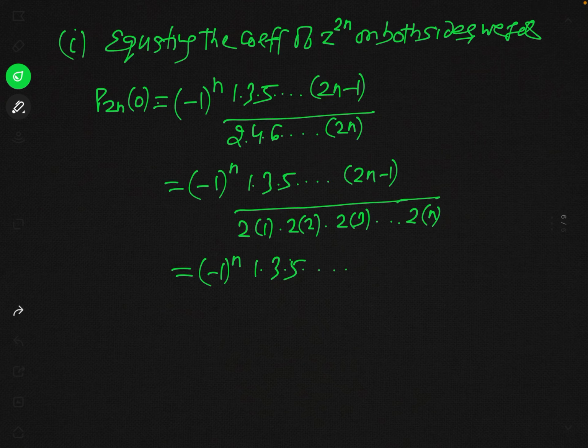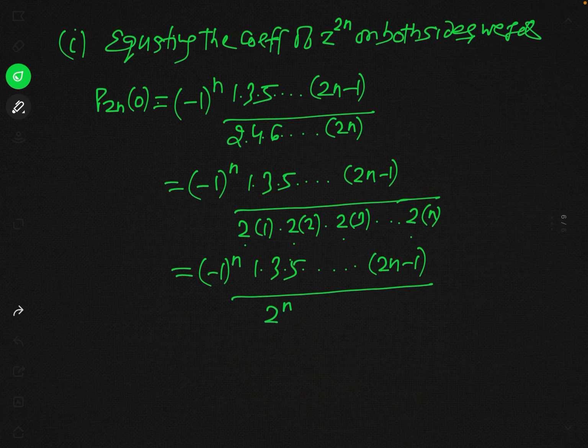So you can see this is minus 1 to the power n into 1 into 3 into 5 into so on into 2n minus 1, divided by, here you can see this 2 has been multiplied n times, 2 into 2 into 2 into so on into 2.